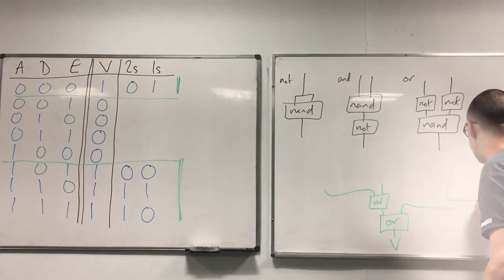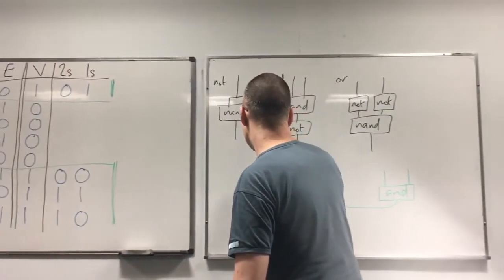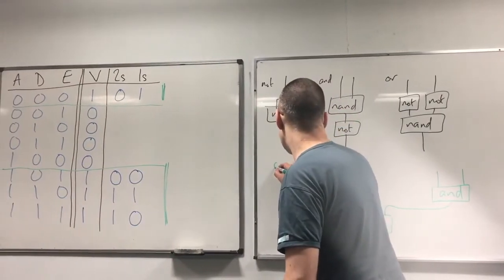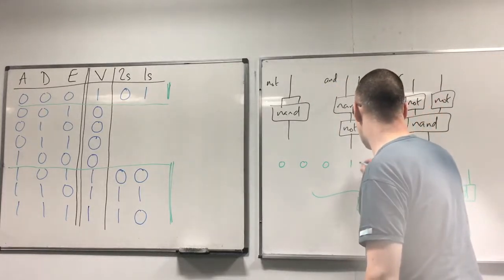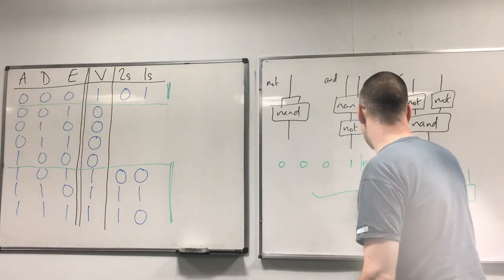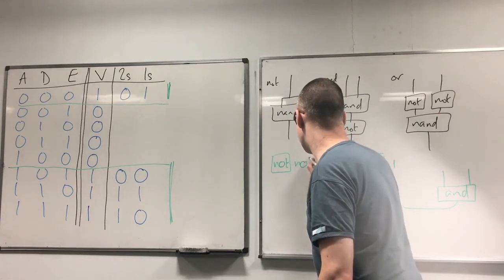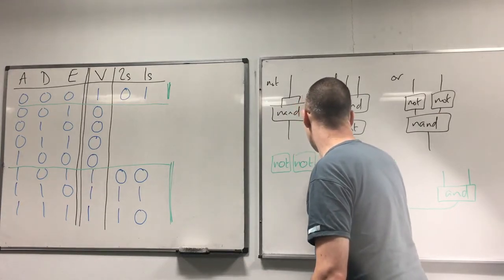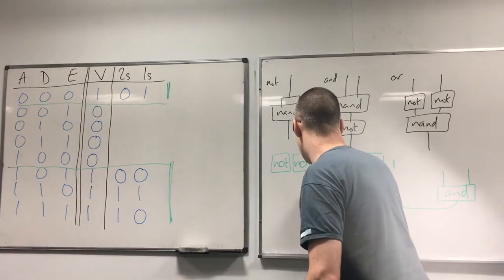We've already said that we want an AND here, and these are going to be A and E. And now what are our other 2 cases that we have to build detectors for? They are 0, 0, 0, and 1, 0, 1. So we turn the zeros into knots. And then we AND everything up.